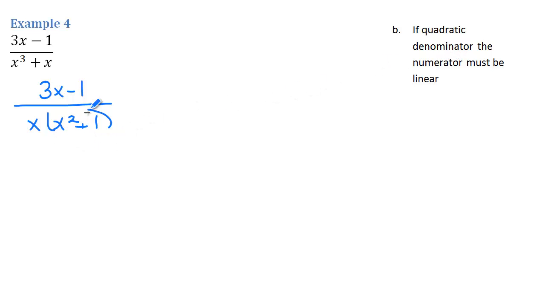So we'll rewrite this as some number over x, as we have been. But we also need a linear factor in the numerator, so bx plus c is linear, and we'll put that over our quadratic.